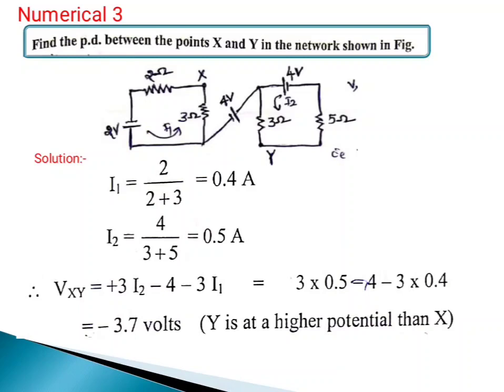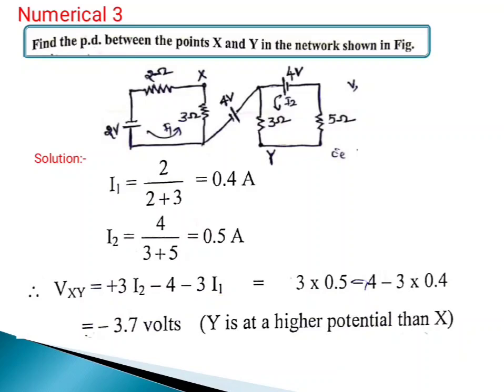Now Vxy, the potential difference, is calculated as follows. The current I1 is coming this side, then you are moving this side, so it is plus 3I2 here. Then as it is minus 4, you are coming like this. The I2 current is also flowing like this, both in the same direction, so we take minus 3I1. So plus 3I2 minus 4 minus 3I1 is equal to Vxy.